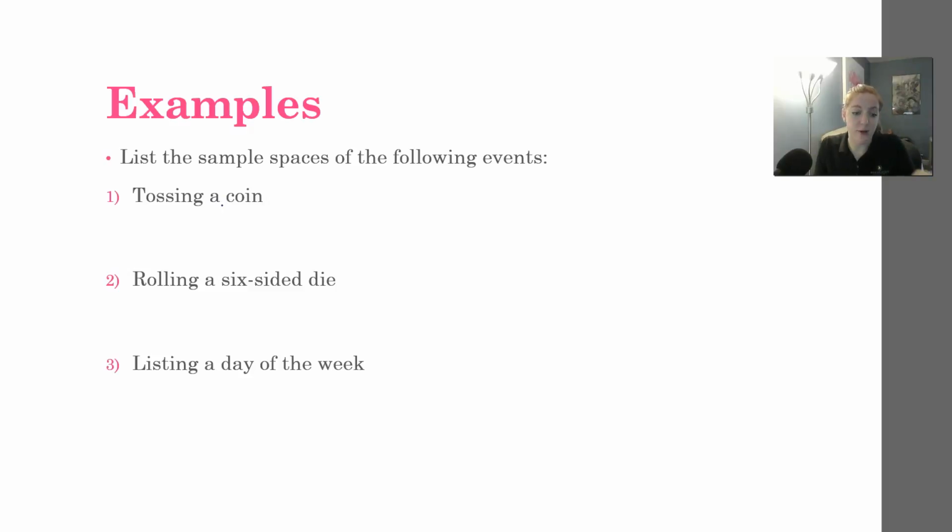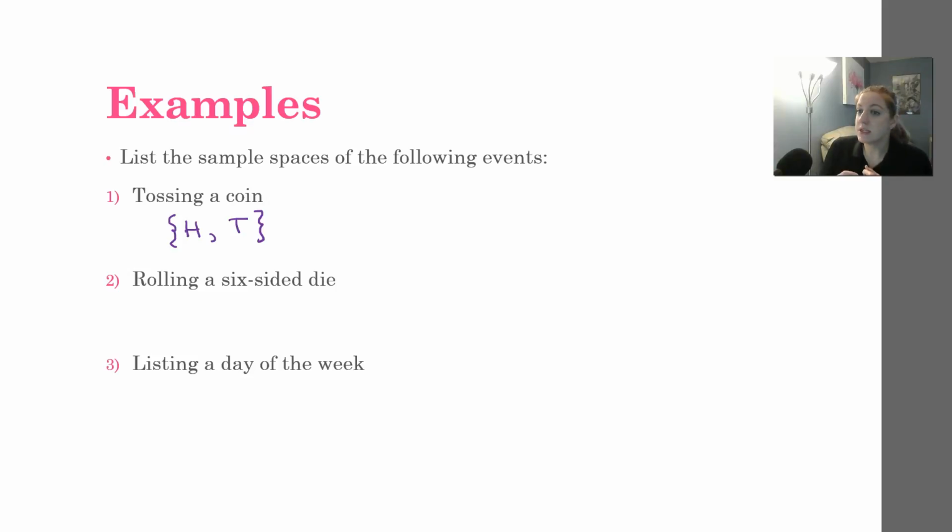Well, they would be either getting a head or a tail. I'm just going to use H for head, T for tail. They're just abbreviations, so I don't have to write it all out because we're trying to save time here, right? And since it's the sample space, we're going to throw it into braces to indicate that those 2 outcomes are part of the experiment.